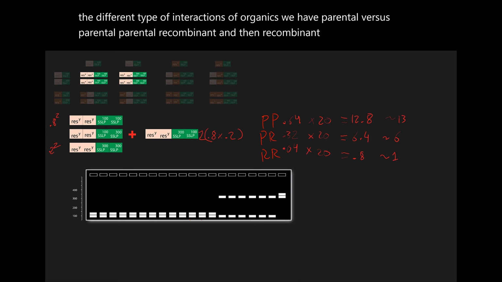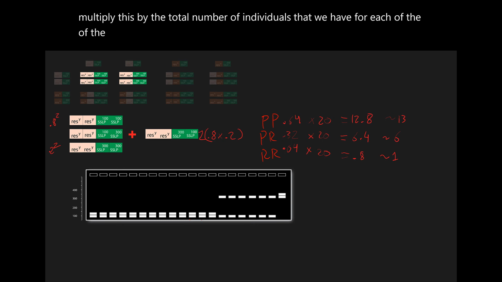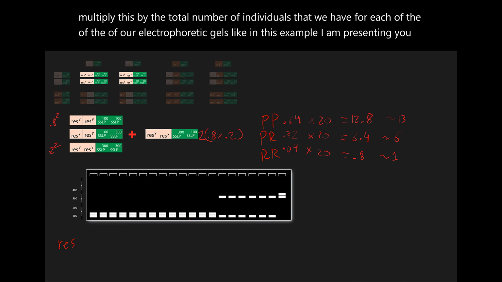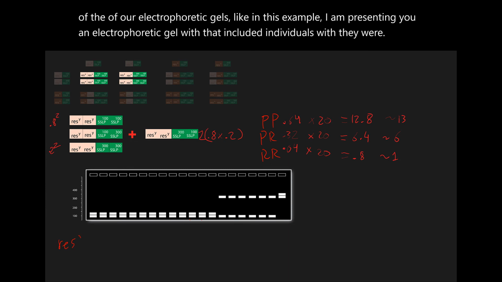If we multiply this by the total number of individuals that we have for each of our electrophoretic gels, like in this example, I am presenting you an electrophoretic gel that included individuals that were all resistant trees.